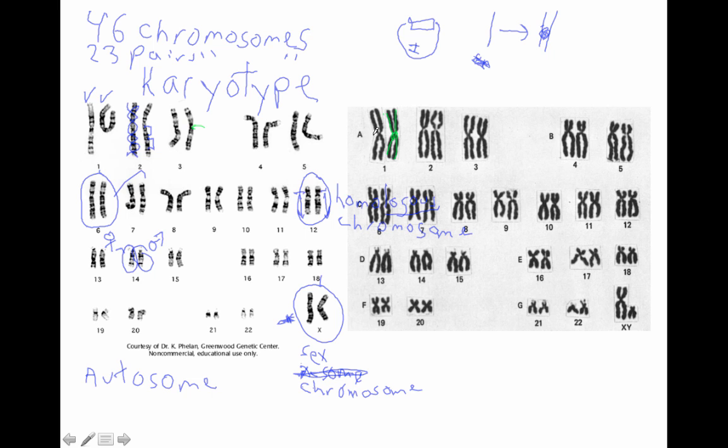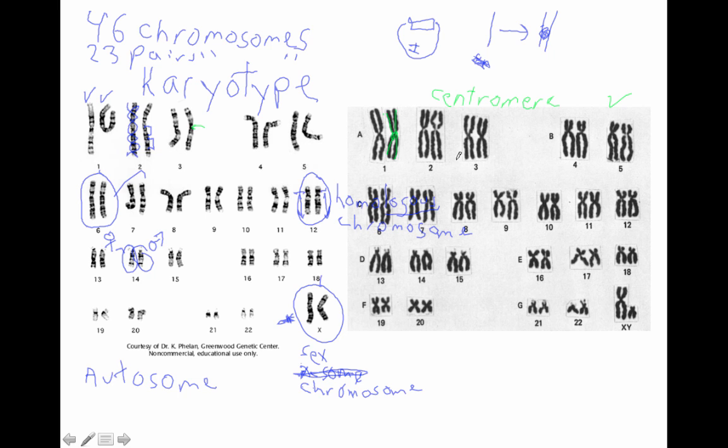But as long as the chromosomes are attached here at the centromere, we call them a single chromosome. So as long as they are in this attached state, we would still say that this karyotype contains 46 chromosomes.